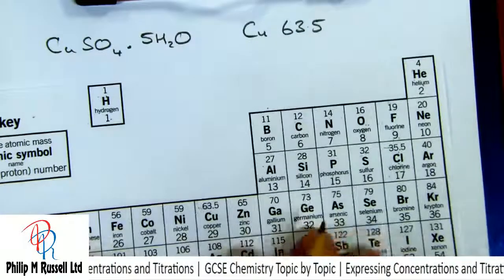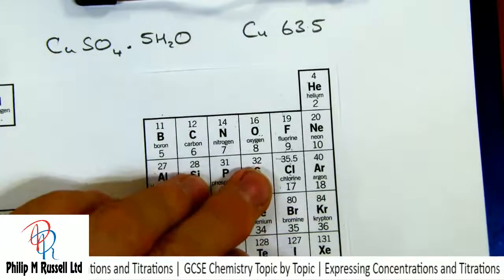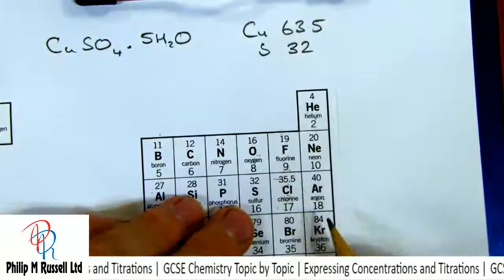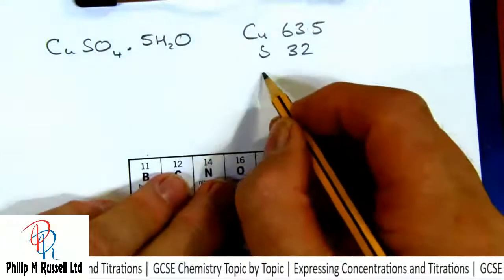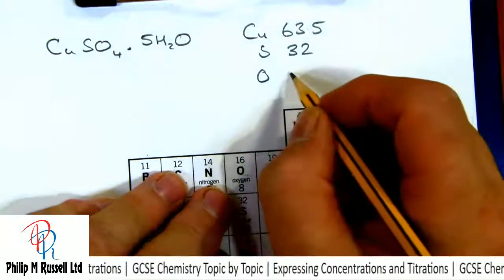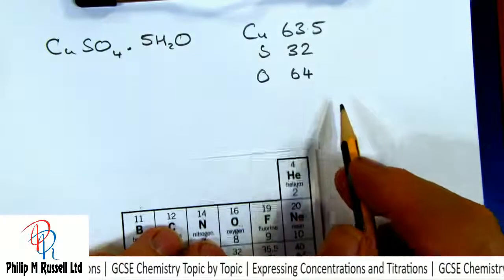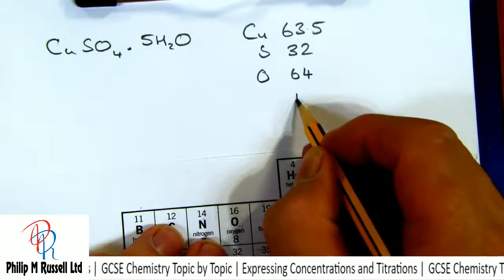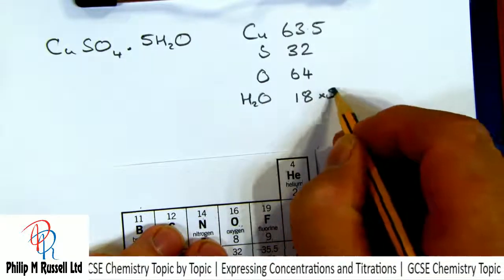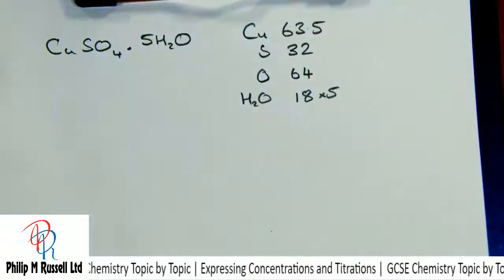We've got sulfur. Sulfur is 32. And then oxygen is 16. And we've got 4 of those. 4 16s, 64. Plus I've got water, and I've got 5 of those, which are going to give me 5 lots of 18.